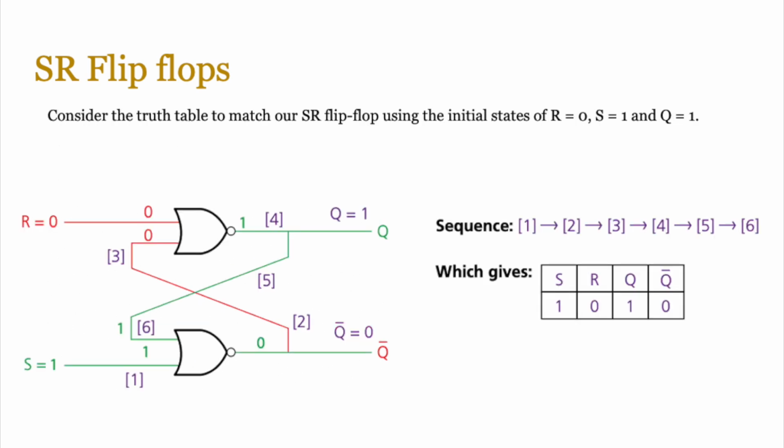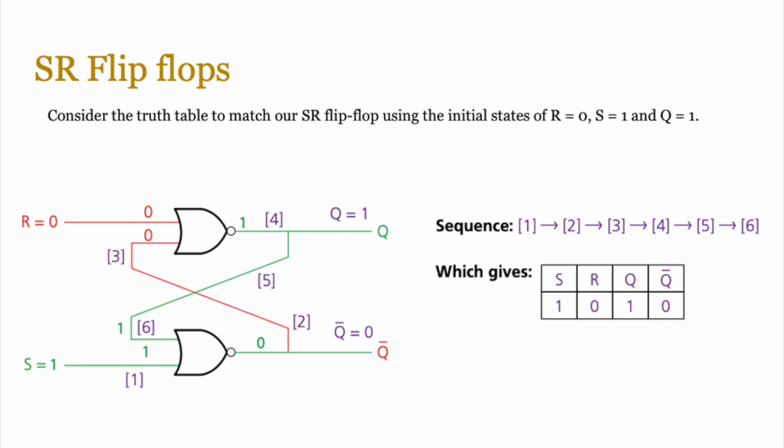Let's now look at the truth table which matches this SR flip-flop circuit. And we're going to start by using the initial states R equals 0, S equals 1, and Q equals 1. Why not any other combination? You probably could do that, but the sequence is going to be in this particular order because it starts somewhere. So let's start with this one. What happens as a result of this?